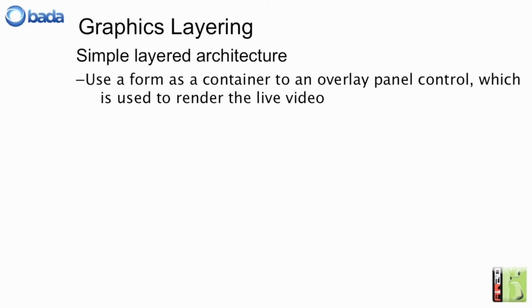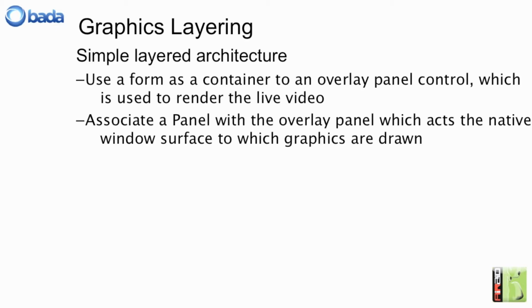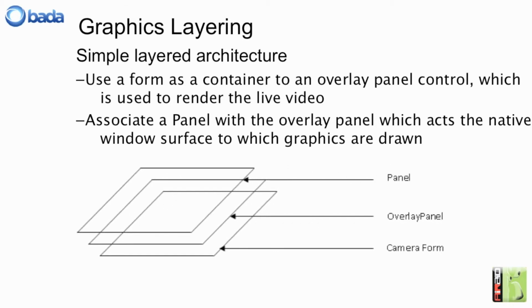On top of that overlay panel, we then superimpose another panel, which is a standard bada panel control. And this is the layer to which we actually draw the graphics. So thereby, we're simply achieving this simple layered effect: a camera form, which is invisible to the user, the overlay panel, which renders the live video, and a panel, which is a simple graphics layer, which is the argument which was made in the EGL code which I showed earlier on.